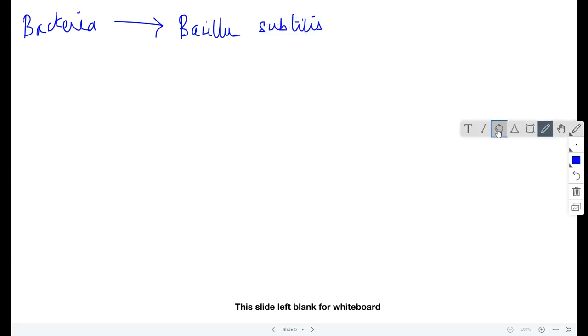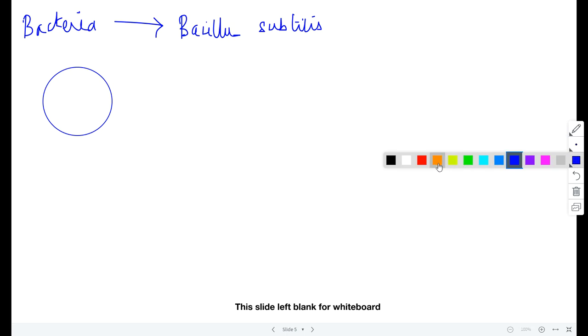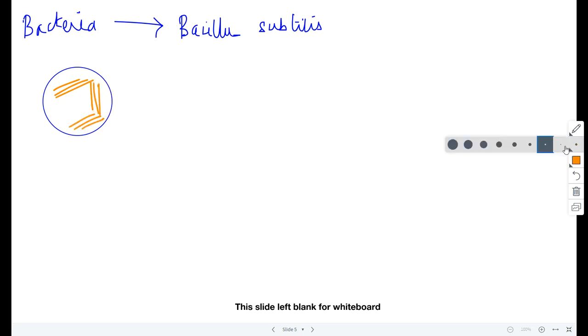Okay, wait. Now this is a plate, okay? And they have made a smear of bacteria. This is the way they make a smear of bacteria. Now they are supposed to grow Bacillus subtilis, right?